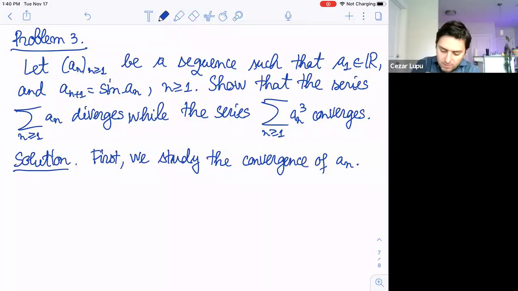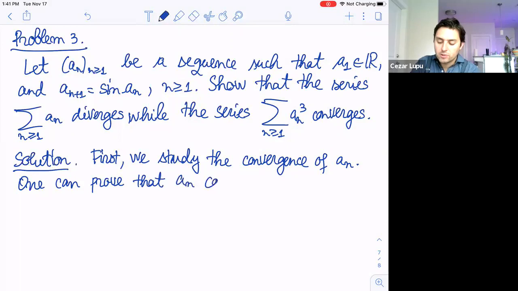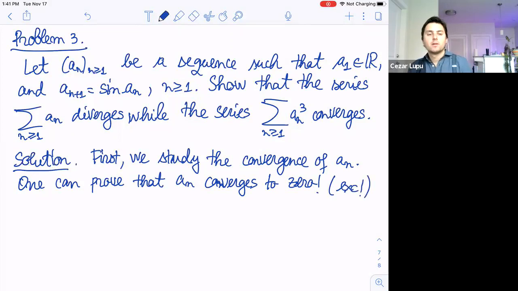In fact, I'm going to leave it to you, and I'll leave this as an exercise. One can prove that, because I don't want to lose more time with this, an converges to 0. And this was an exercise for you.